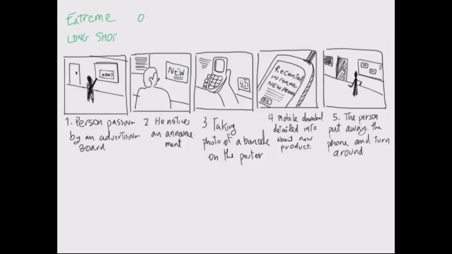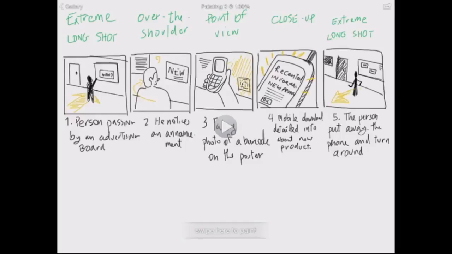Like the first one could be the extreme long shot, and when you come to the people watching on the side, you use the over shoulder, and then zoom into the telephone, this is the point of view, and close up, and then an extreme long shot at the end for going back. Then you draw an arrow, like a yellow arrow, to show the direction of it.